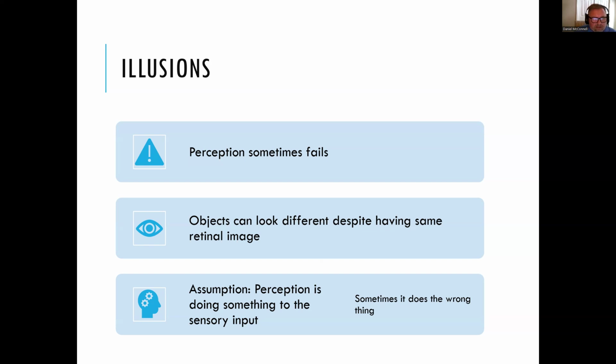And maybe we can have some success in understanding how we go from sensation to perception if we can understand the kind of images that cause that process to break down. The dress is an example of that. So if we understand what's causing that to happen, then that might help us learn some things about exactly what goes on in the conversion from sensation to perception.